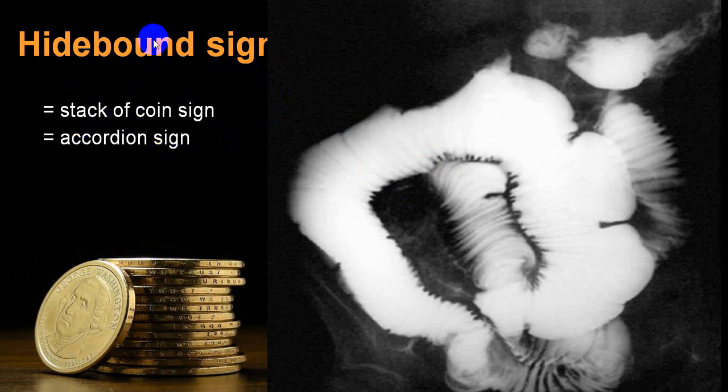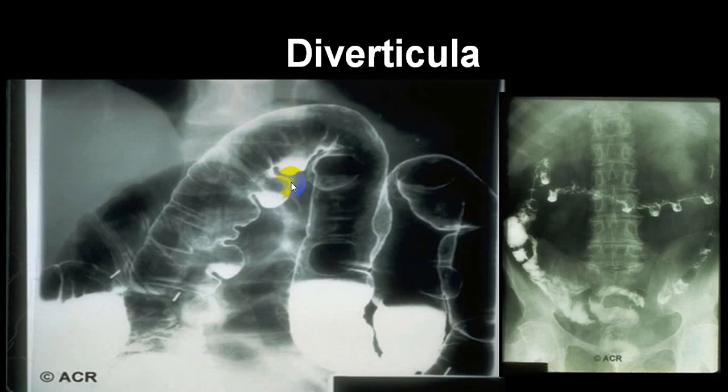These are the three names given to this X-ray finding. This is stack of coin. It looks like an accordion, so it is also called accordion and hidebound sign. You can have diverticulum in the large bowel. You can see a small diverticulum, multiple diverticula.